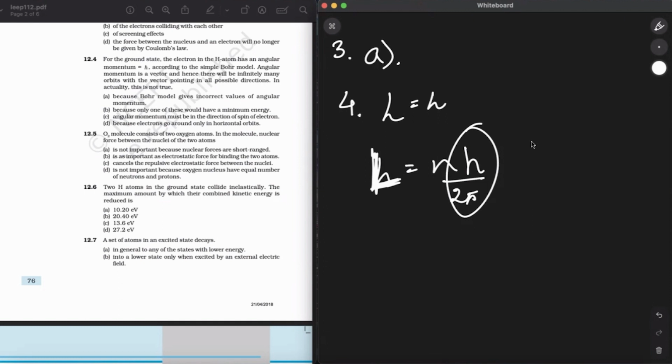It is around the circular movement that the electron possesses around the nucleus. There you can use the right hand thumb rule to find the direction. Option D: because electrons go around only in horizontal orbits. No, obviously not. Why would they go around in horizontal orbits?